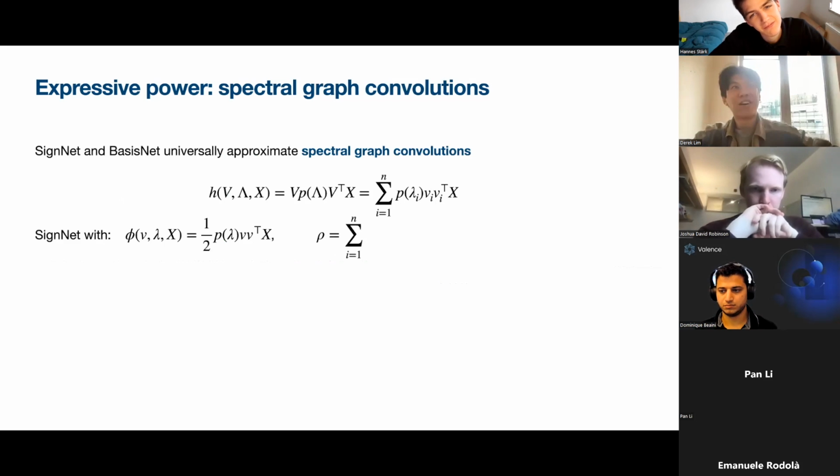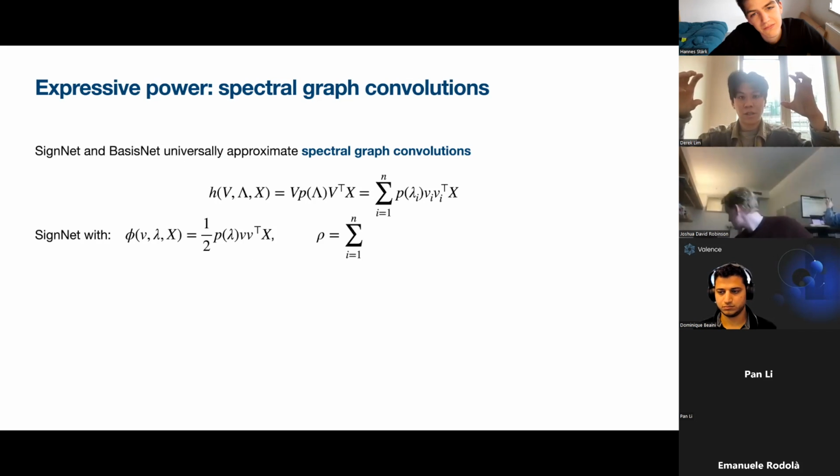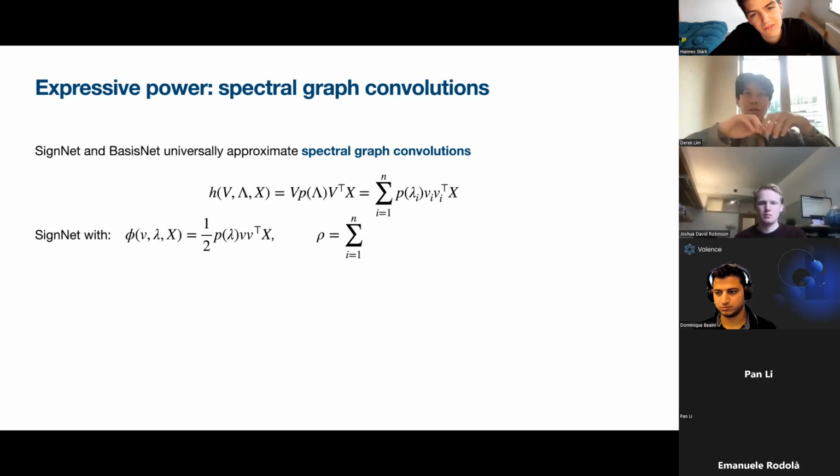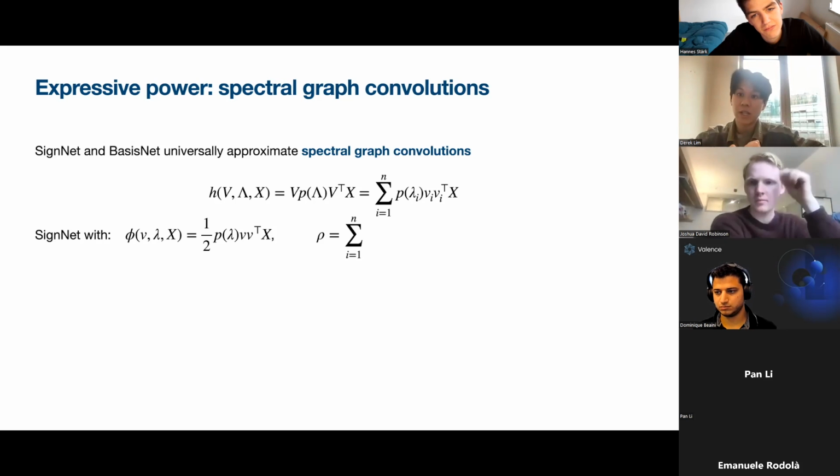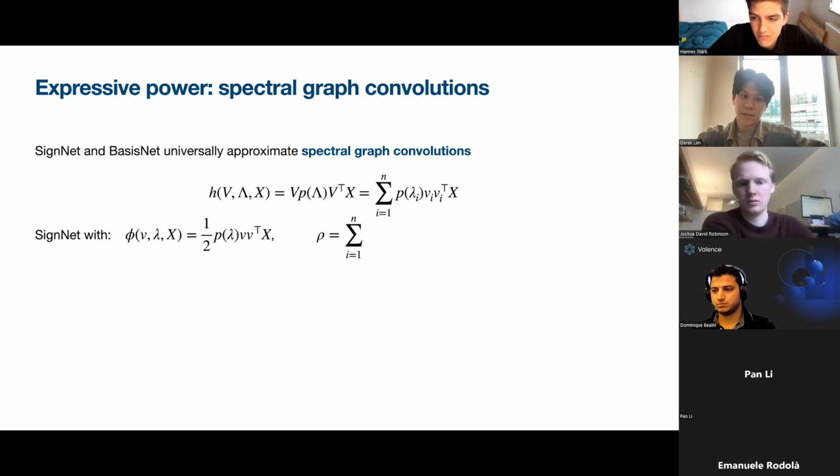Okay. One other universal spectral thing is these spectral graph convolutions that Josh was talking about. This is a very important class of functions. It's these functions H in the middle, where you have a polynomial of your eigenvalues and you hit it on your node feature matrix. This captures important things like heat kernels on graphs and generalized PageRanks, and they're also the basis of spectral GNNs.